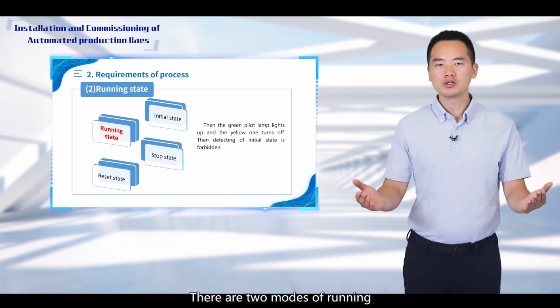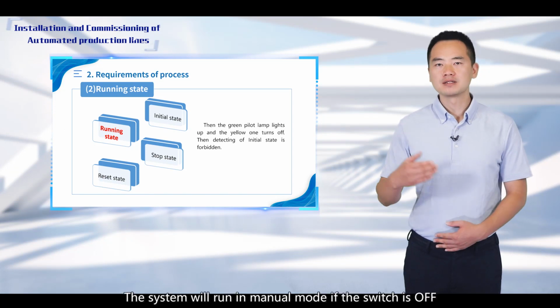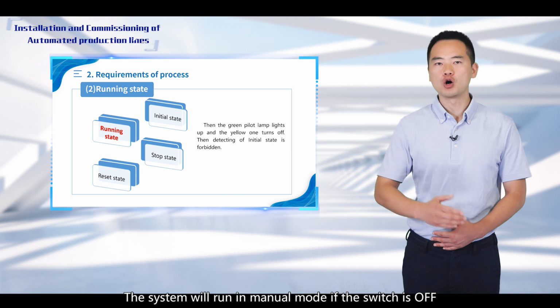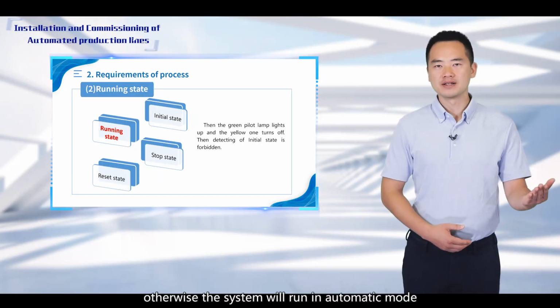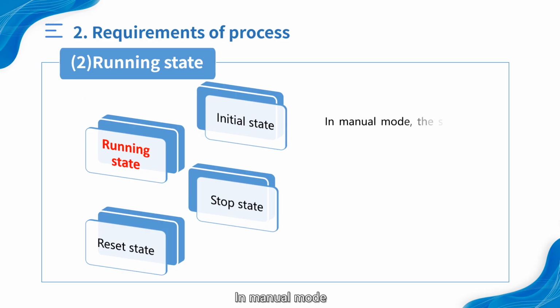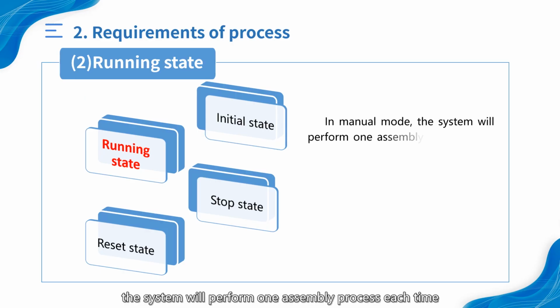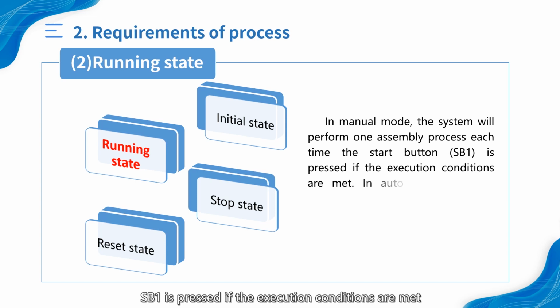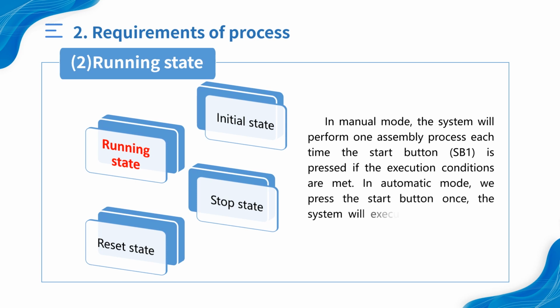There are 2 modes of running. The system will run in manual mode if the switch is off. Otherwise, the system will run in automatic mode. In manual mode, the system will perform one assembly process each time the start button is pressed if the execution conditions are met.